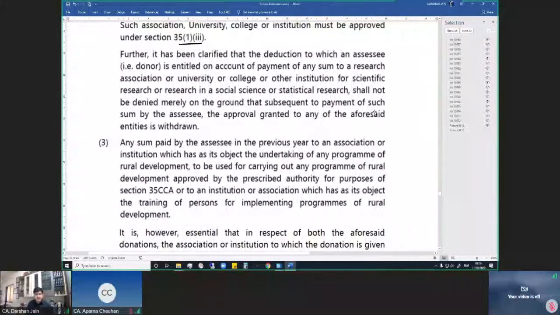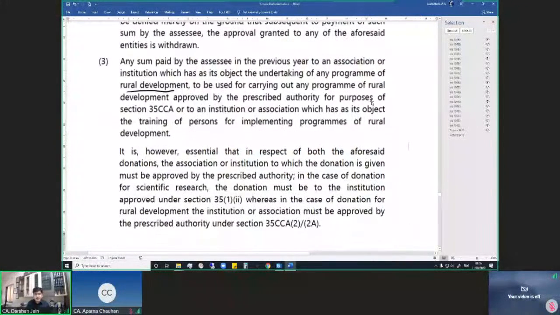Then any sum paid by the assessee in the previous year to an association or institution carrying on a program for rural development. So if you are making a payment for rural development, even that would be covered. It should be approved under section 35CCA.